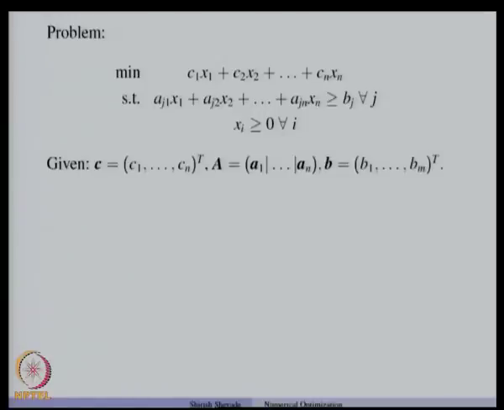Now, let us try to write this linear programming problem in compact form. We are given a vector C containing n components C1 to Cn, and the matrix A whose columns are A1 to An.